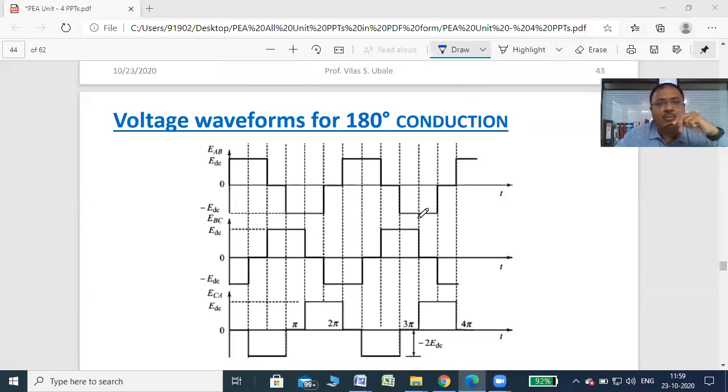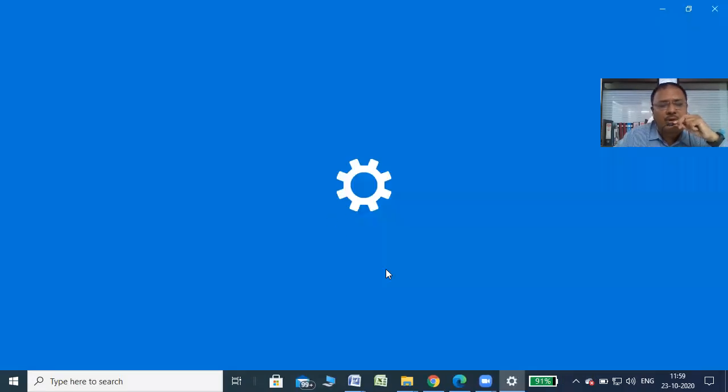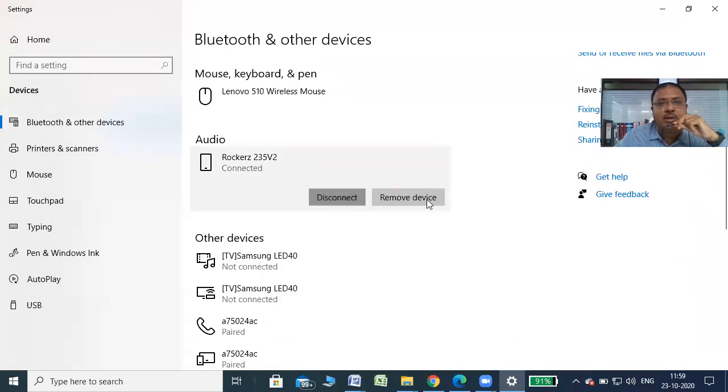There will be some problem in the mic of my previous one. Is it clear sound? Yes, sir. Okay. So we'll go for just a minute, I'll disconnect this previous microphone.